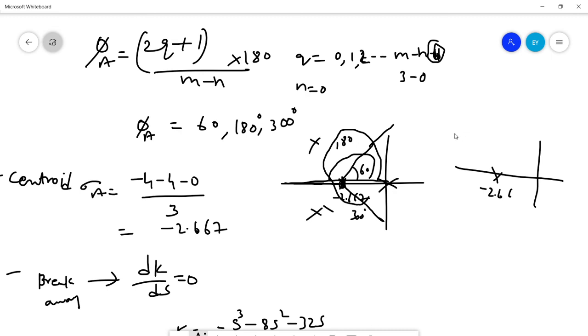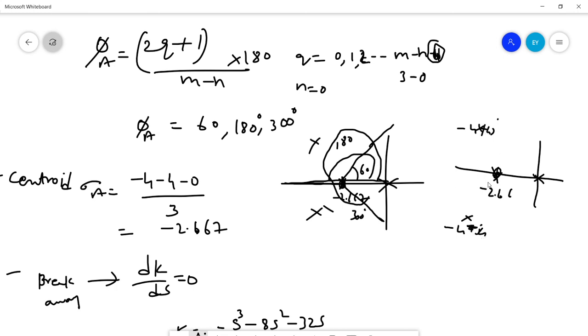This is the centroid. We have a pole at the origin, one pole at minus 4, and the other poles at minus 4 plus 4j and minus 4 minus 4j, right?